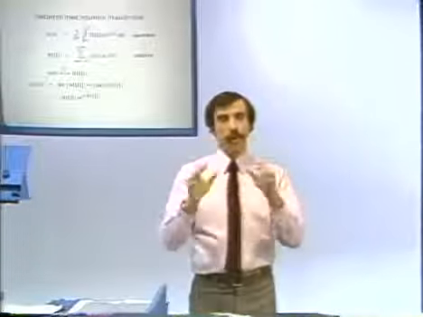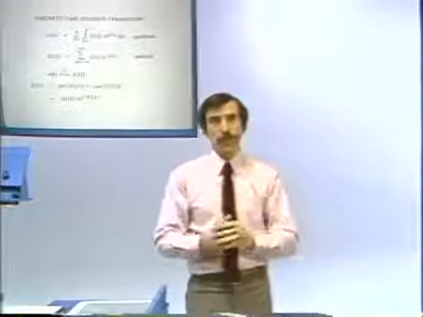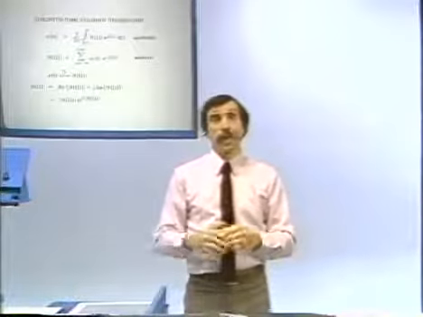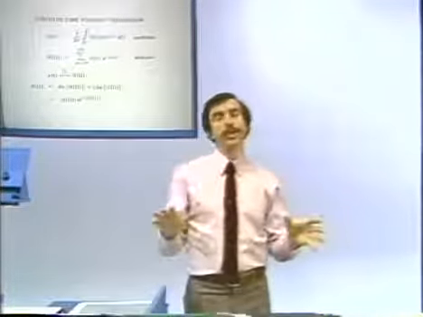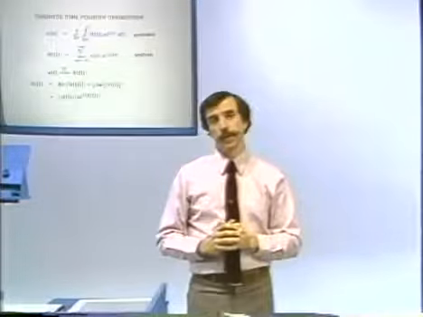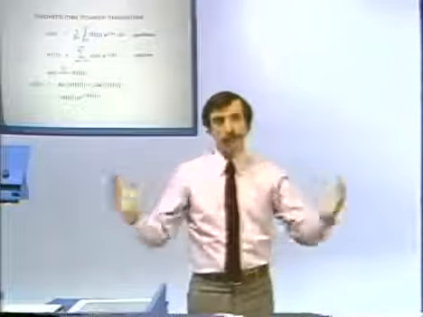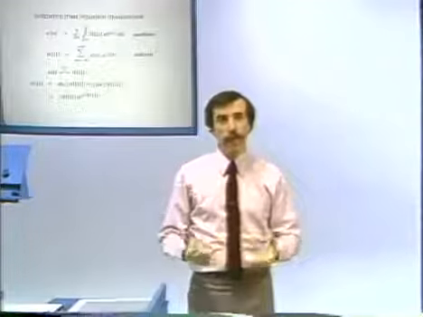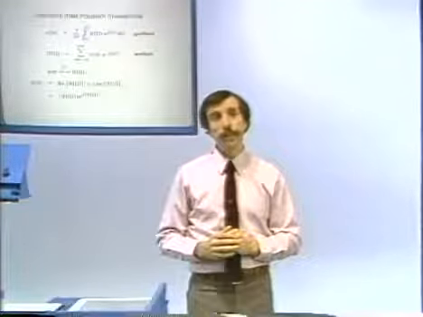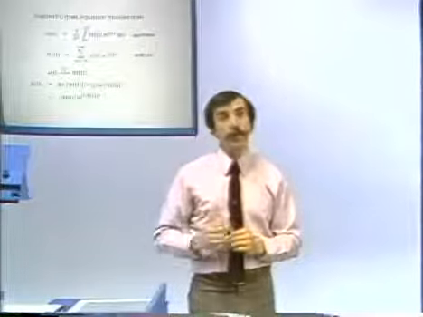Also, in the time domain, x of n is aperiodic. It's not a periodic function. However, in the frequency domain, remember that the Fourier series coefficients were always periodic. Well, this envelope function is also periodic, with a period in omega of 2 pi. What's again the reason for the periodicity?